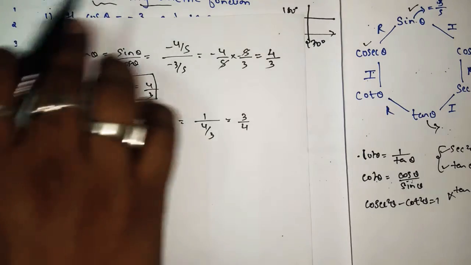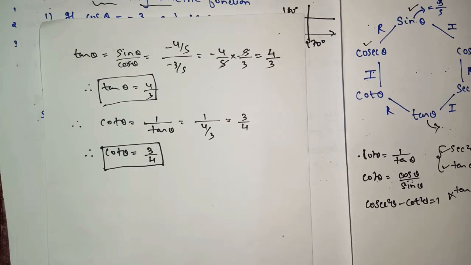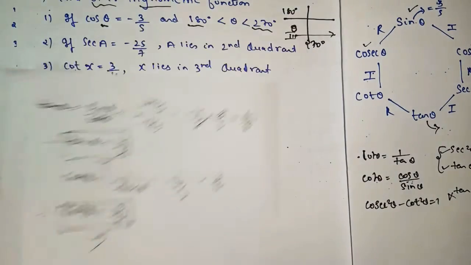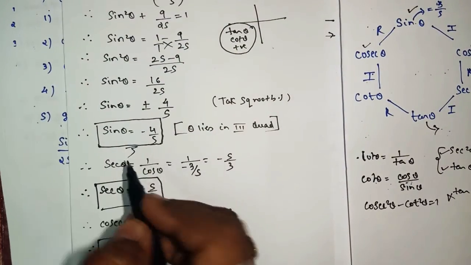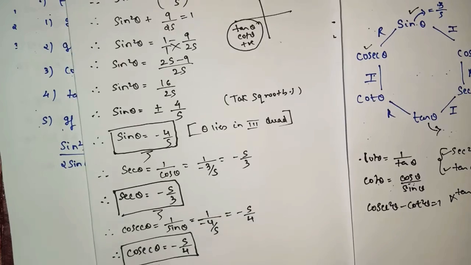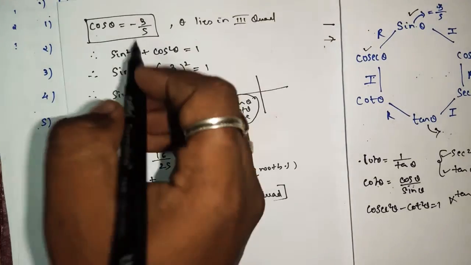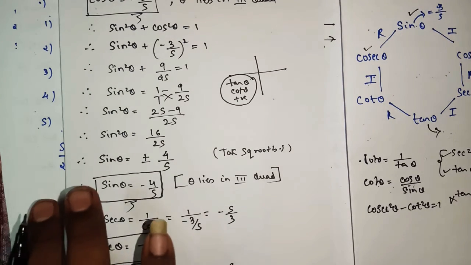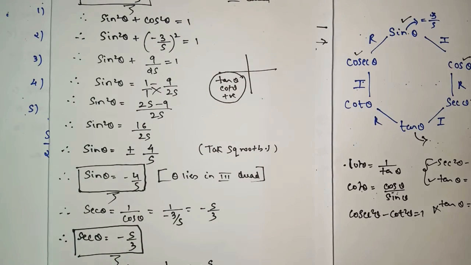So here in the question it is clearly mentioned that you have to find the other trigonometric ratios, and here we got all the values: cot, tan, sine, sec and cosec, and cos was given. So this is the method in which you can find your answer, and in this way you have to present your sums. Okay, I hope you all understood this sum also.